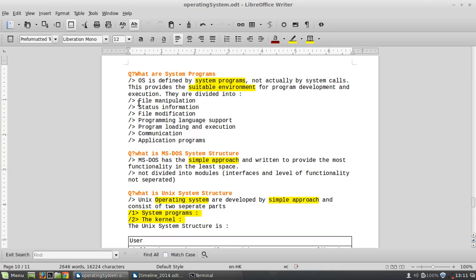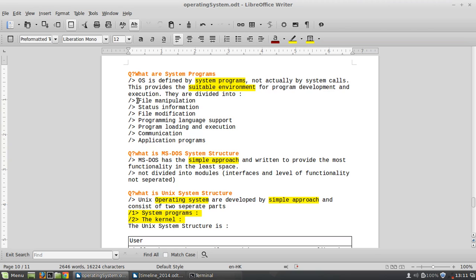They are divided into, as you can see here, file manipulation, status information, file modification, programming language support, program loading and execution, communication, and application programs. So system programs provide a suitable environment for program development and execution.